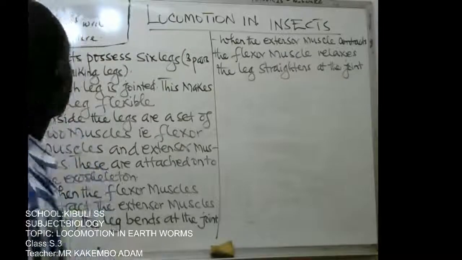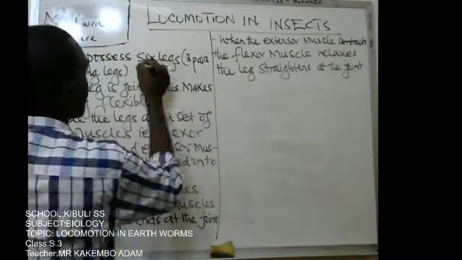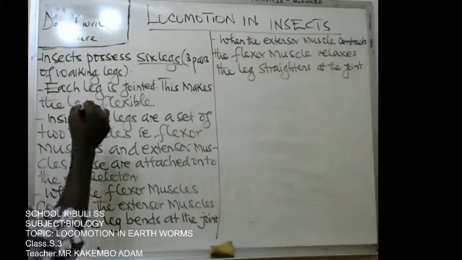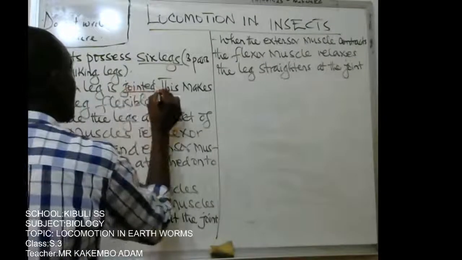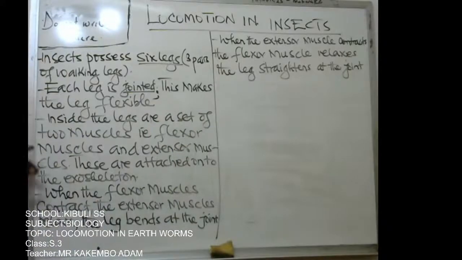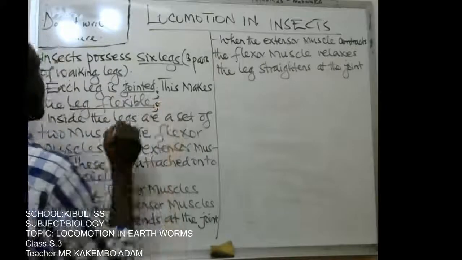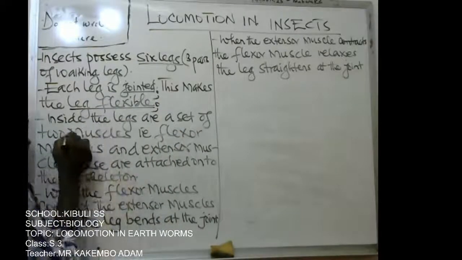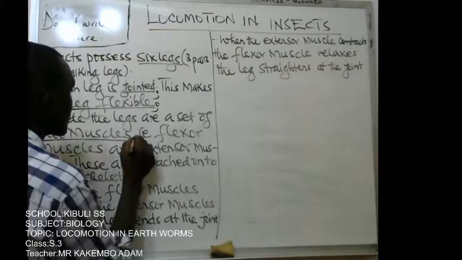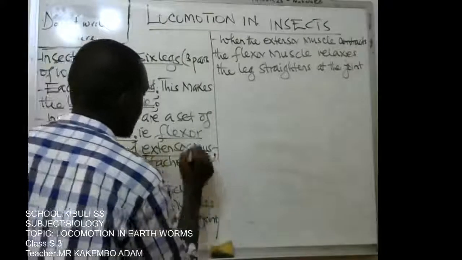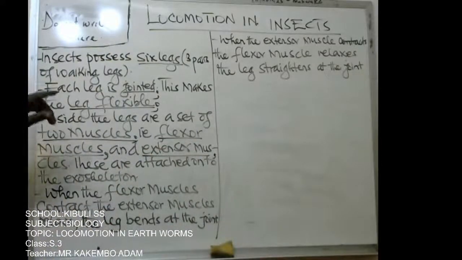So take note. An insect possesses 6 legs, or 3 pairs of legs, and each leg is jointed, making the leg flexible. Inside the legs is a set of 2 muscles, the flexor muscle and the extensor muscle, which are antagonistic in their mode of action.